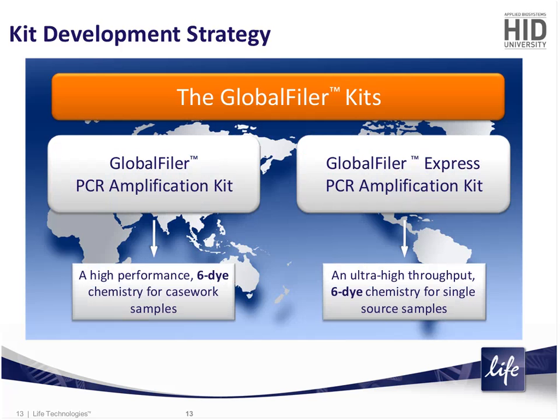Now, we often get questions as to why we take this 2-kit strategy as opposed to trying to have one system which could do all of the applications and make the implementation burden on the laboratory just that little bit easier. Well, we've actually done a lot of work on the performance of different types of systems and looking at how we can maximize both the efficiency for single source and the performance for casework.